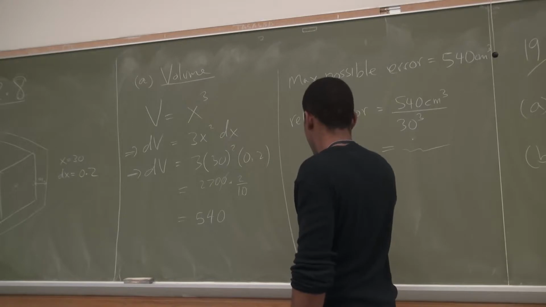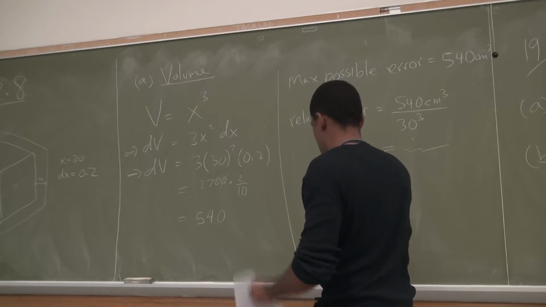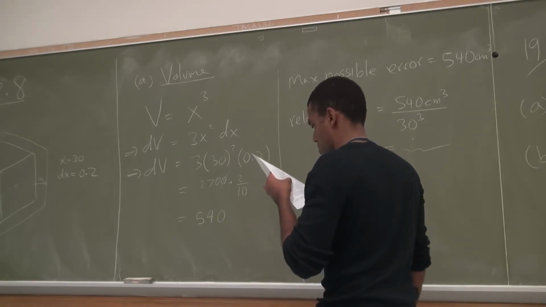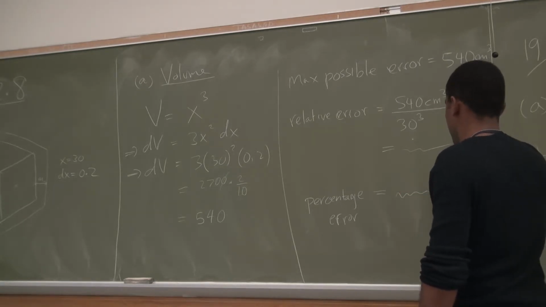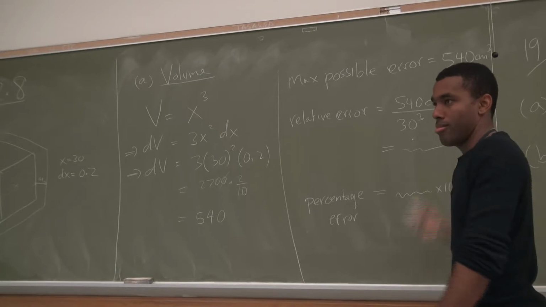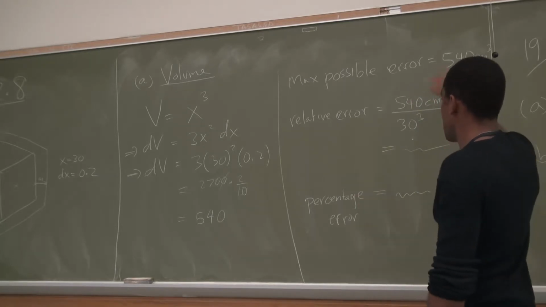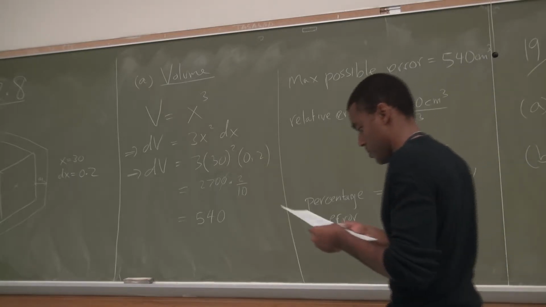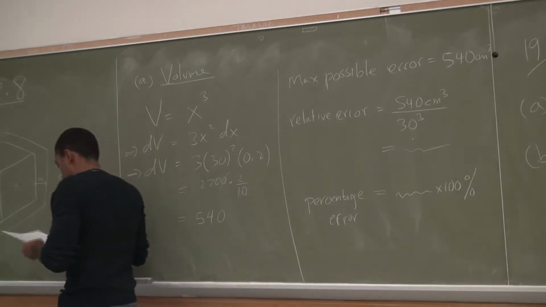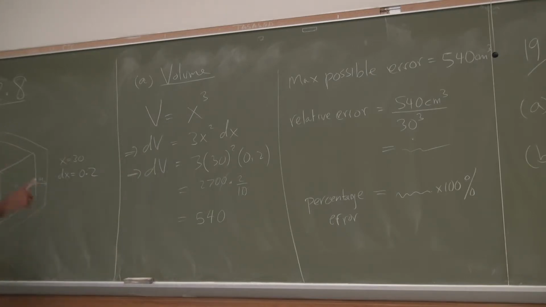And then the percentage error would be that times 100%. Isn't it like actual? Yes, this was the error over the actual volume. And part B is the same thing except use the surface area equation, which would just be 6x squared. We do the same thing with 6x squared.